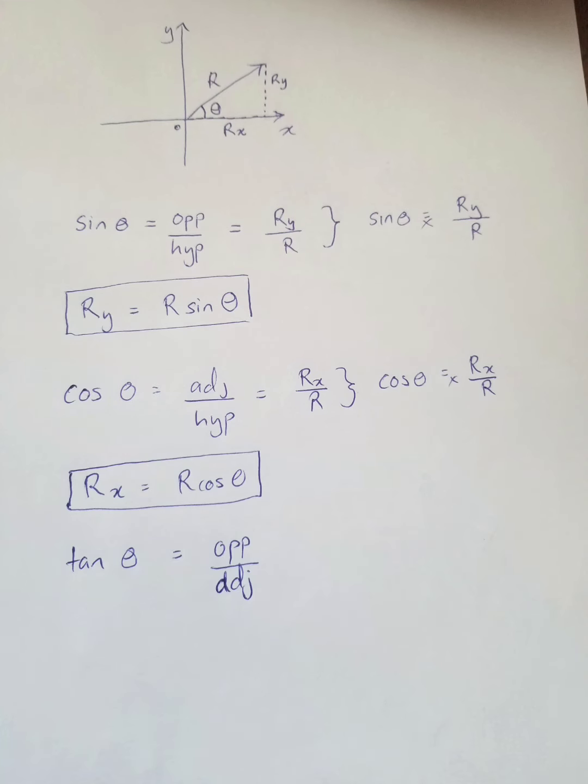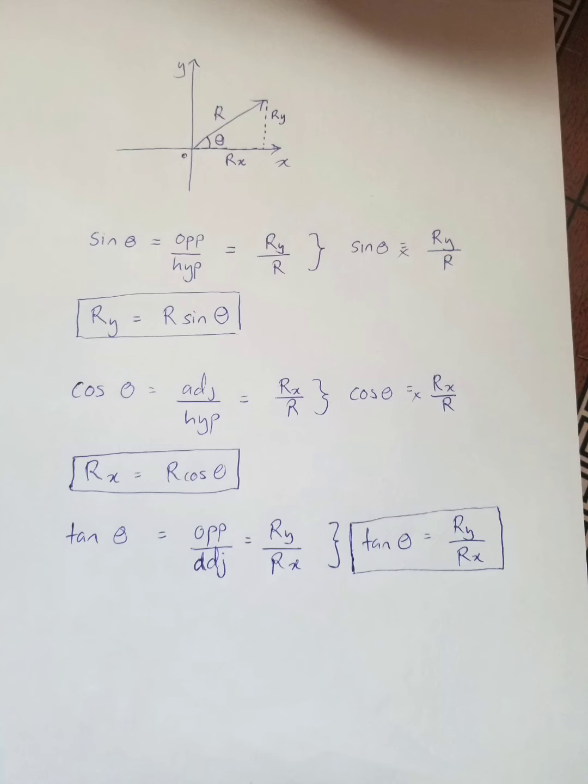Similarly, we take tan theta from SOHCAHTOA, tan theta is equal to the opposite over the adjacent, and our opposite in this case is our ry and our adjacent is our rx. So we know that tan theta is equal to ry over rx.